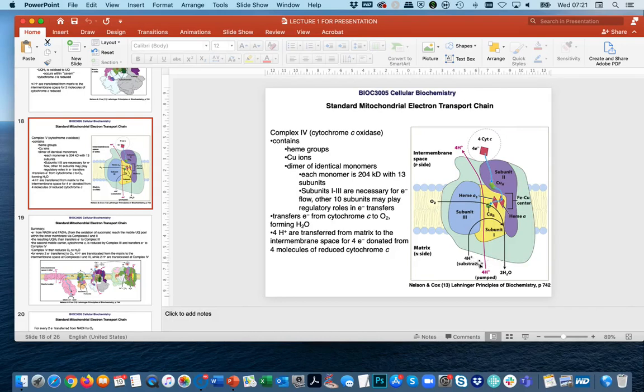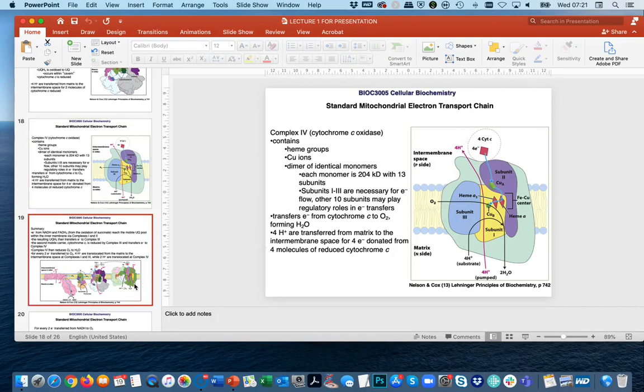Four protons are used in the mitochondrial matrix for the reduction of oxygen to 2 molecules of water. Again, keeping the stoichiometry in mind, notice that 4 protons are also pumped across the inner mitochondrial membrane to the intermembrane space from the matrix.